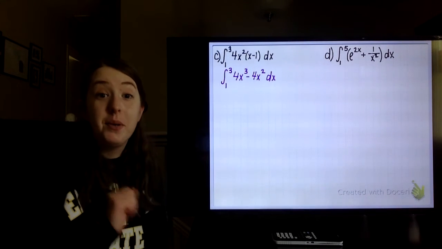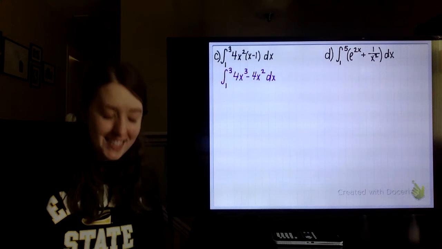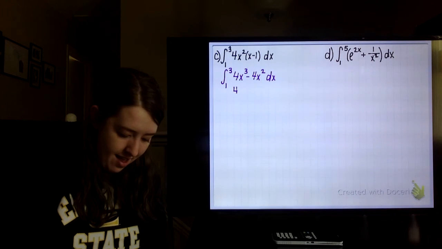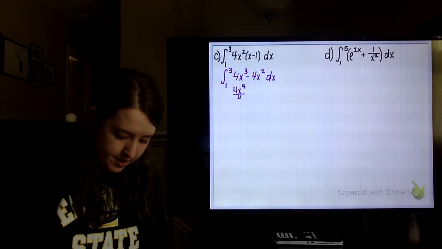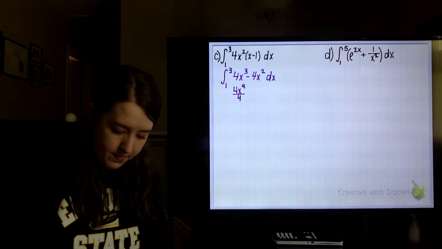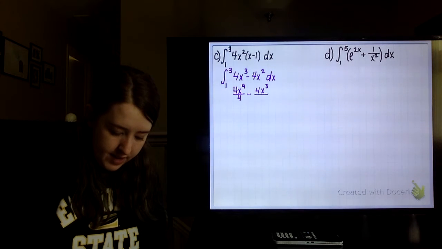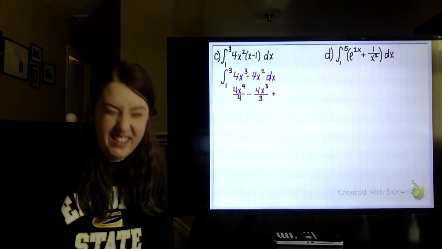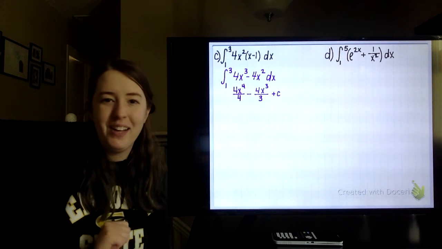Okay, so now we'll go through and take the antiderivative. So we need to add 1 to the power, divide by the new power. Add 1 to the power, divide by the new power. And then technically there's a plus c right there. I want to clean things up real quick.